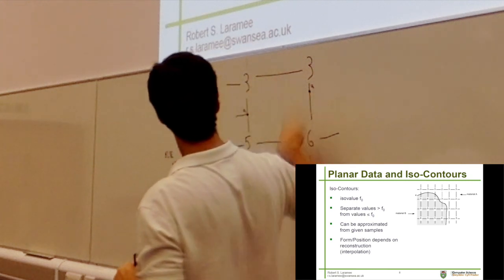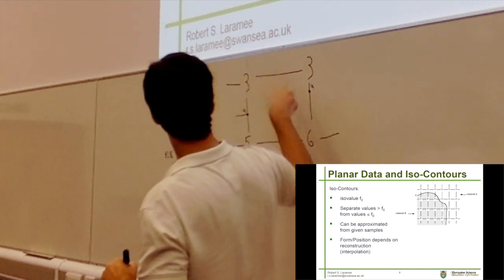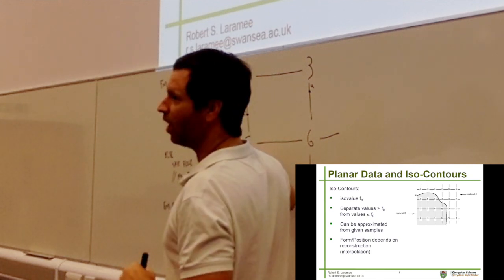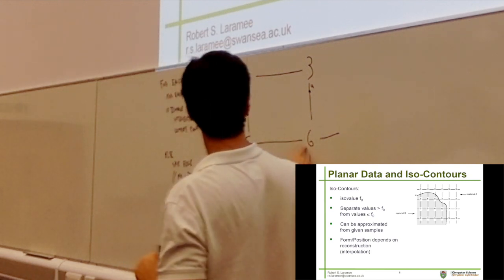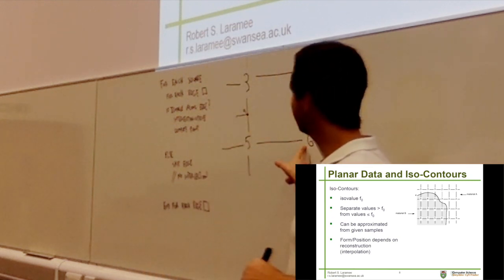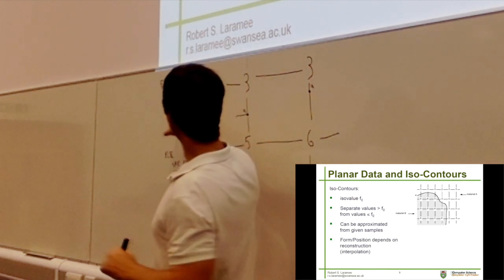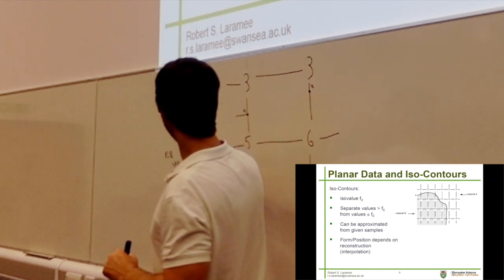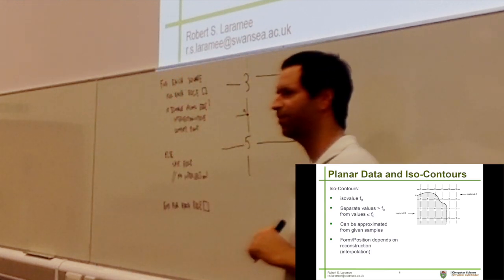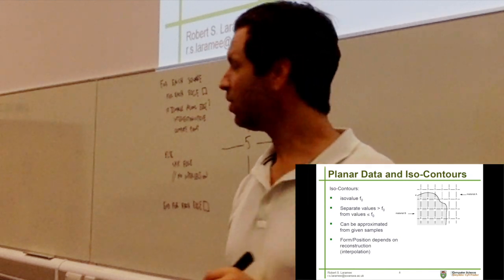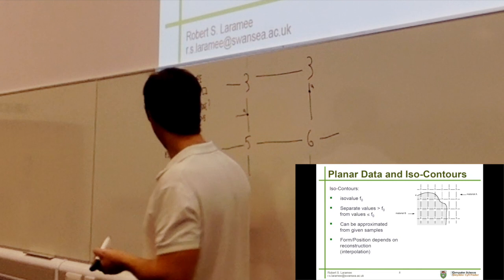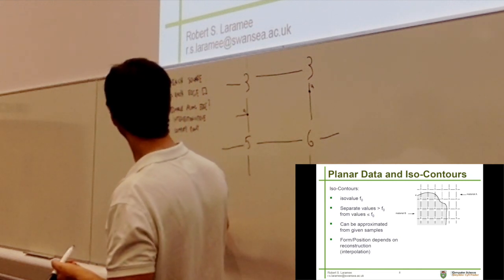So we're doing this for each square and then for each edge. 4 is below 5, and it's also below 6. So is the ISO value along the edge? The answer is false in this case, so we skip the edge. And that's the end of for each edge.